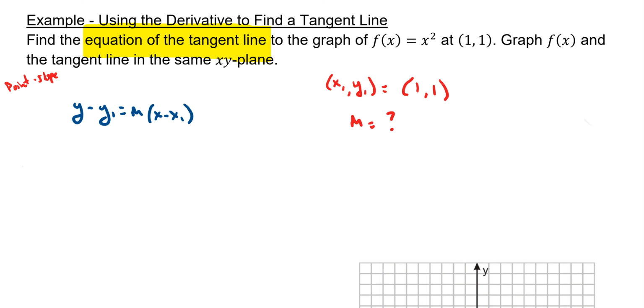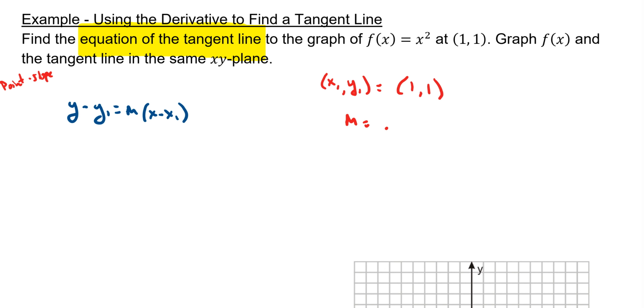So in order to find the m value, we have to use our definition. The m value, the slope of the tangent line, is going to be the derivative of the function evaluated at the x coordinate of 1.